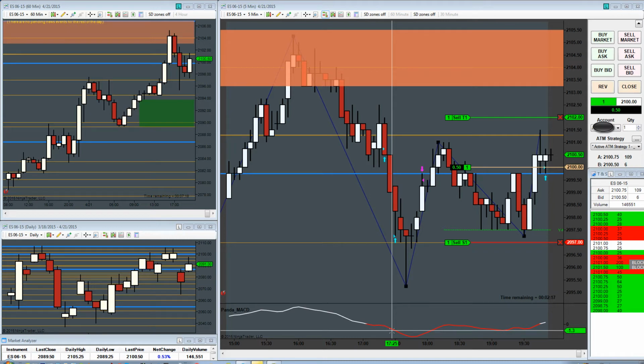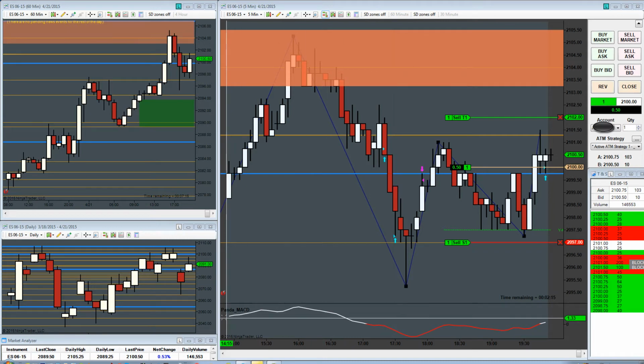So this lower indicator, you can use a stochastic or MACD. This is my famous Panda MACD, and the indicators are not telling you when to trade. That's the main thing. It's just like a confirmation or a permission to be in a trade, either long or short.